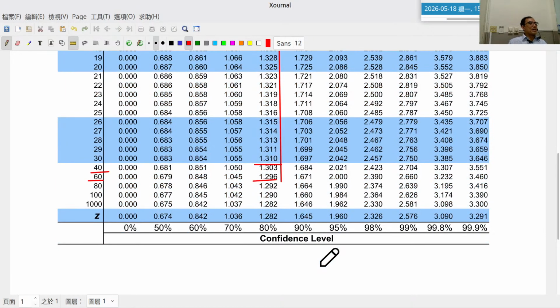And our number is minus 10. If the absolute value of minus 10 is greater than 1.2 or 1.3, that is, we can say that they are significantly different from the assumption.